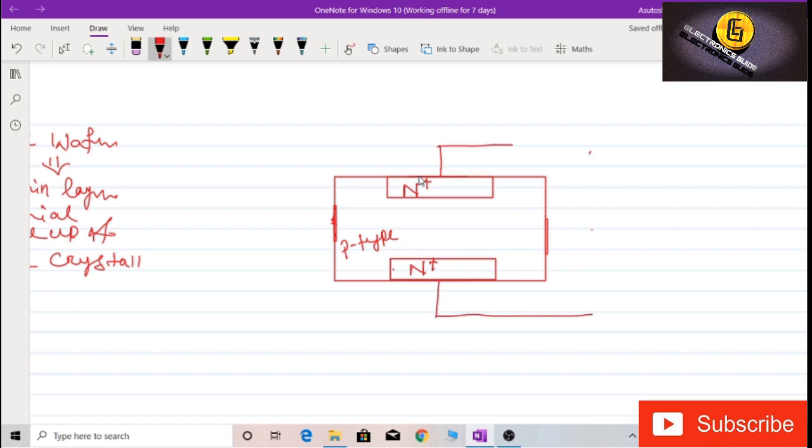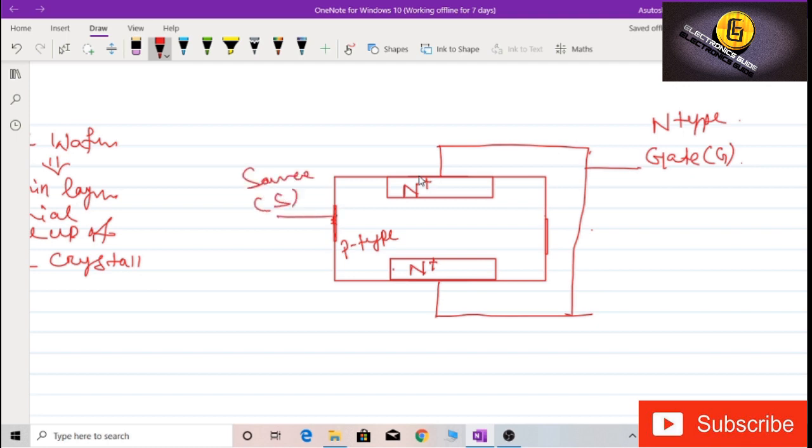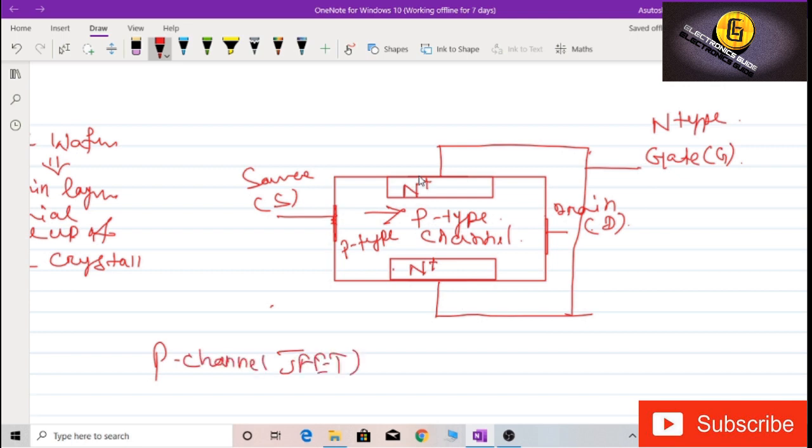These terminals are internally connected and a common terminal is extracted. This is known as gate G, which is N-type gate, this terminal is source S, and this terminal is drain D. Here the channel type is P-type, so this device is known as P-channel JFET.